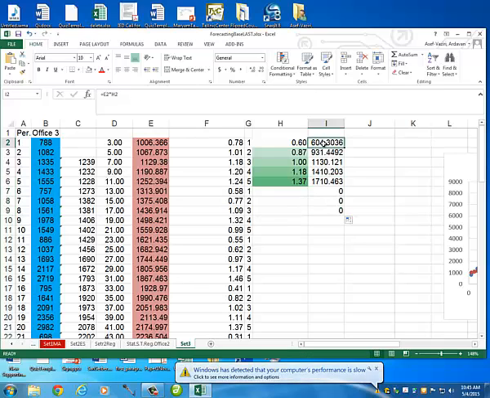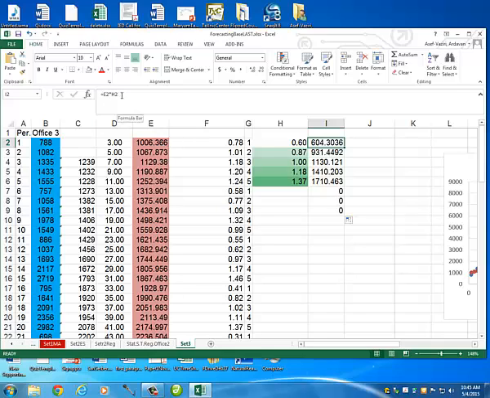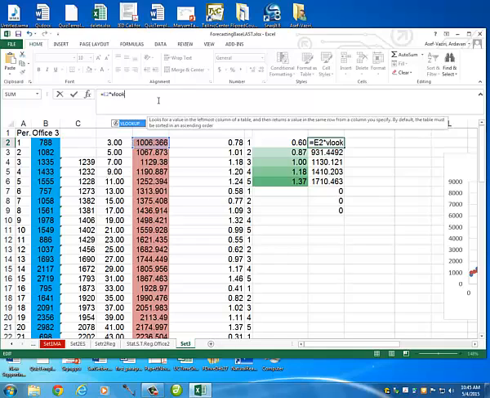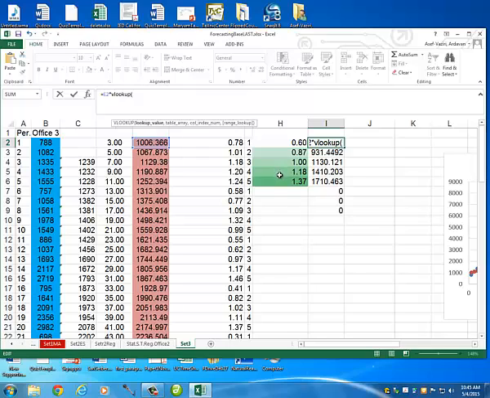I go here, I say, get this number, instead of multiplying by something, multiply it by VLOOKUP. VLOOKUP, and what VLOOKUP? The lookup value is here, and the table array is here.